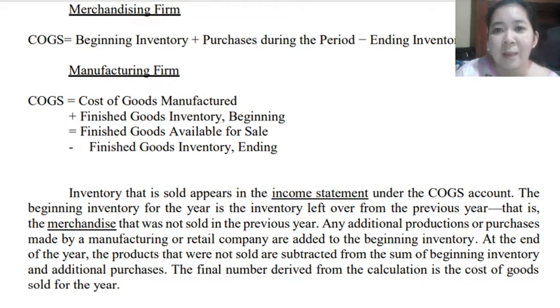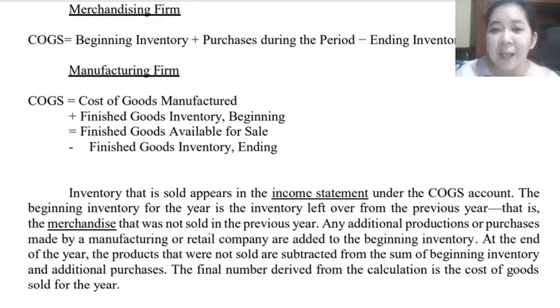From there, we will add the beginning finished goods inventory. When you add the cost of goods manufactured and the beginning finished goods inventory, their sum is what we call finished goods available for sale. And then we will deduct the ending finished goods inventory. So the difference between the finished goods available for sale and the ending finished goods inventory is your cost of goods sold.